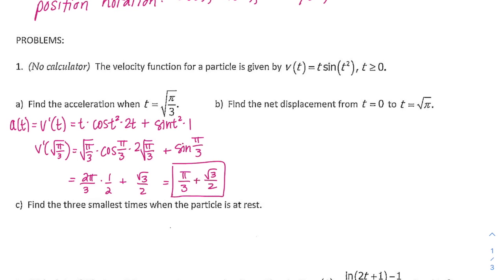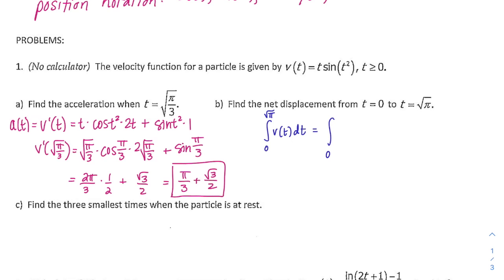Part B is asking us to find the net displacement from 0 to radical pi. I think it always helps to start with symbolic notation. So as we saw at the top, net displacement is a definite integral from our time values, 0 to radical pi, of the velocity function, dt.